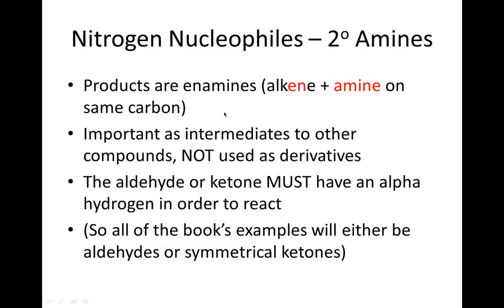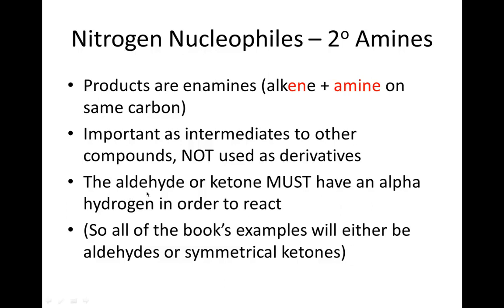We're going to see these as important intermediates to other compounds. They were never used as classic derivatives the way that those examples that I talked about were, but they are very useful. We don't do a lot with those in this book, but they really are important compounds, and of course, they have a lot of biological significance as well.